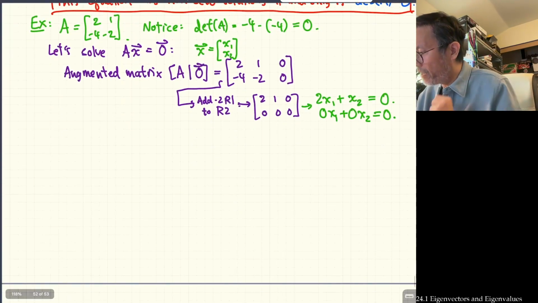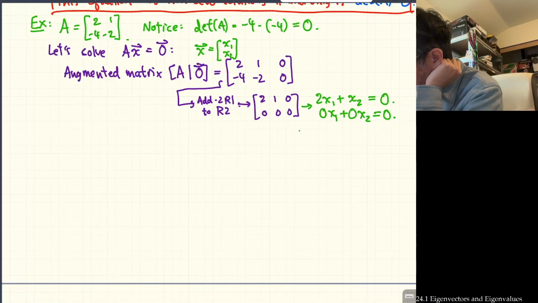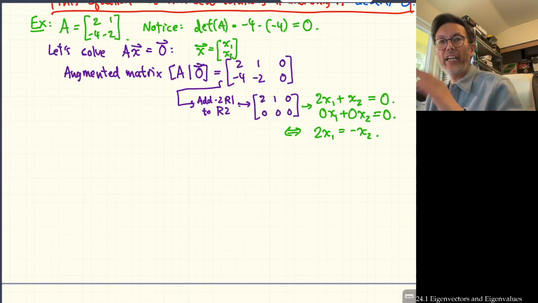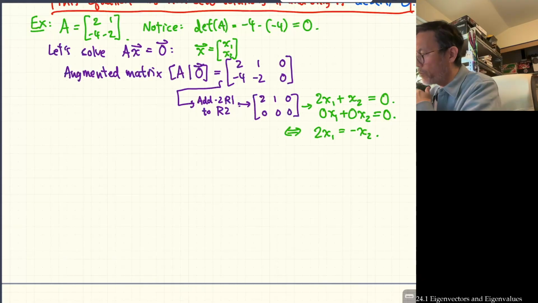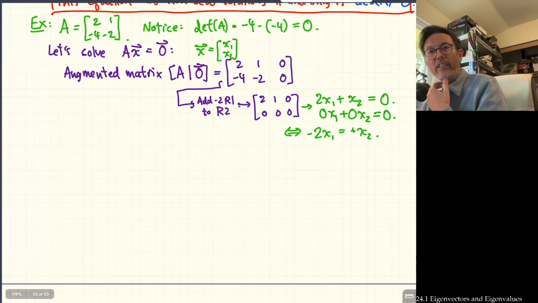And what is the first equation saying? It tells us that 2x1 is equal to negative x2. Or maybe another way of saying it that's better, is that negative 2x1 is equal to x2.